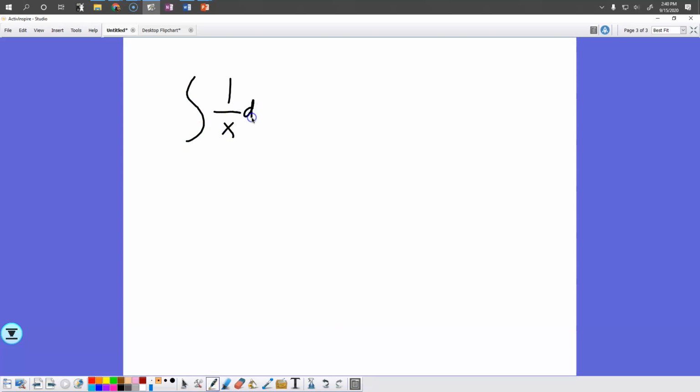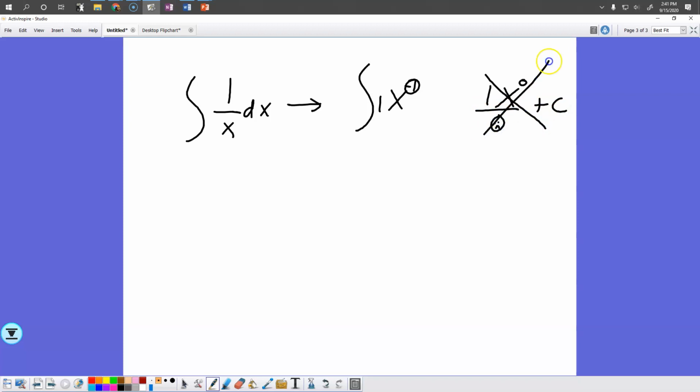Let's say we had that, right? Well, if we tried to use that strategy, move that x up to the top, right? Add 1 to the power, what do you get? You get 0, and then you divide by 0. You're not allowed to divide by 0, though. That doesn't make sense. That doesn't work.